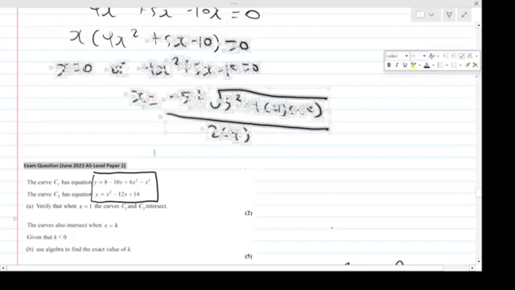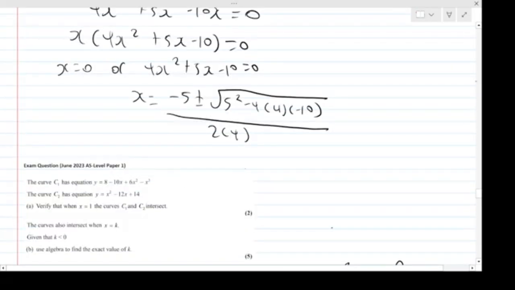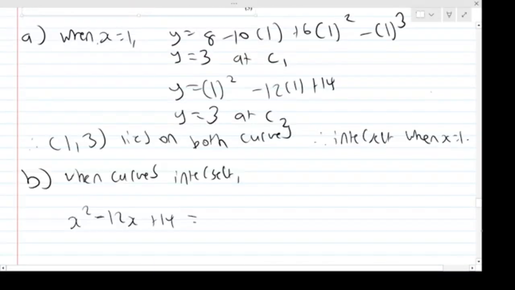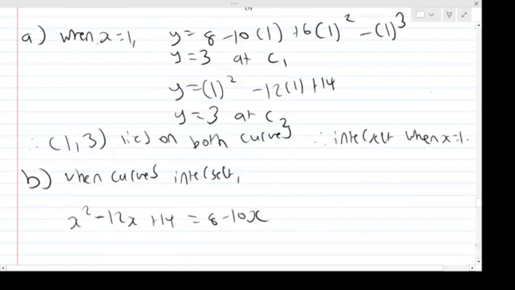I would then get x squared minus 12x plus 14, which was the curve C2. Here, I'm going to substitute that for y into the top one. So that's equal to 8 take away 10x plus 6x squared minus x cubed.